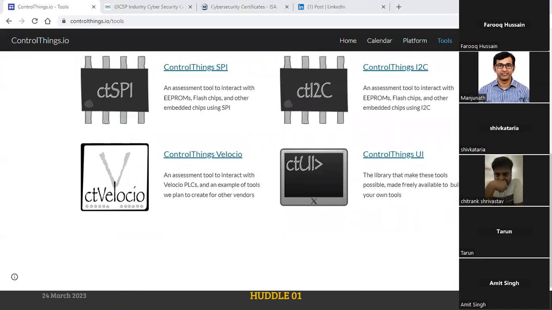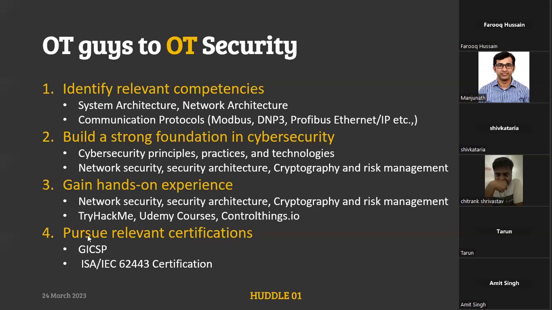Yeah. So now coming back to the fourth point, pursue relevant certifications like GICSP or 62443 certification. Sometimes people tell me it's very costly. Yeah, I agree with you. There are no other industry certifications available right now. Others are available, like CSSA, Certified SCADA Security Architect.